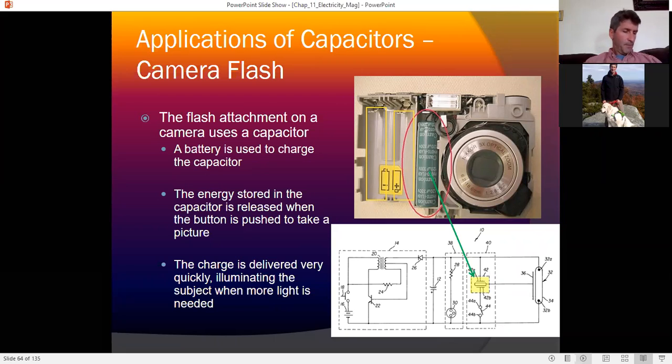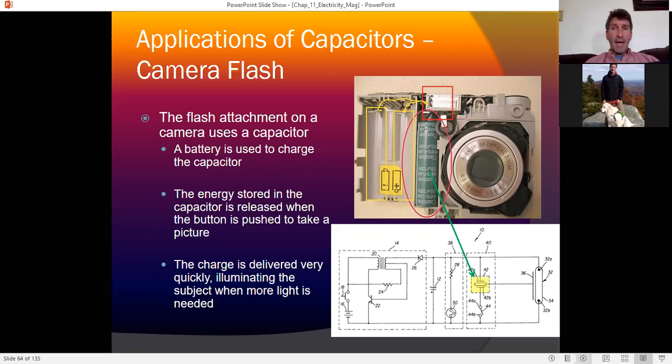And that's a problem because the flash, which is right here, that little white thing right there, needs a very high power, so lots of energy, but in a very short time. If I try to send electricity through this flash, it won't light up.